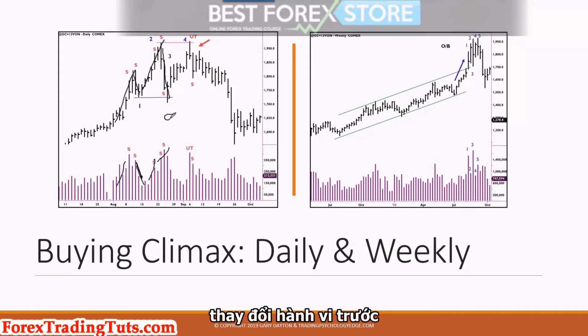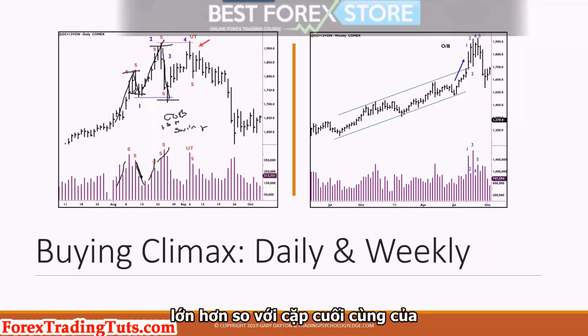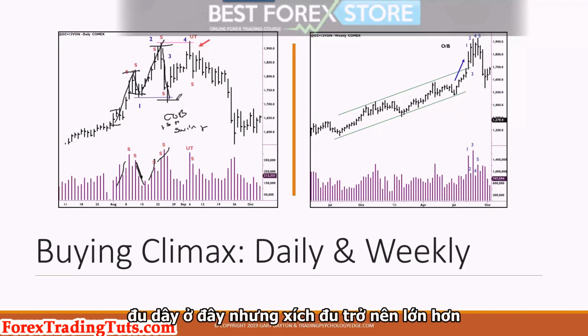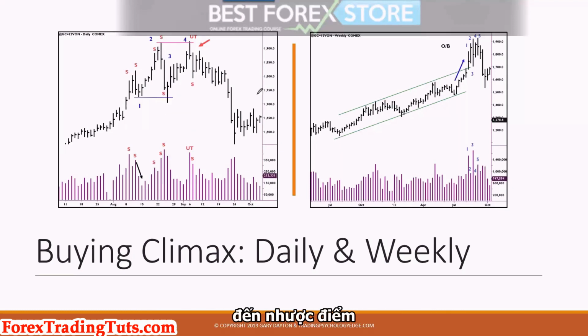You see, change of behavior first, swing bigger, and so you see the swing size is bigger than the last couple of swings. We don't really have a lot of swings in here, but the swings get bigger to the downside, and the volume comes in to the downside. We do rally up.